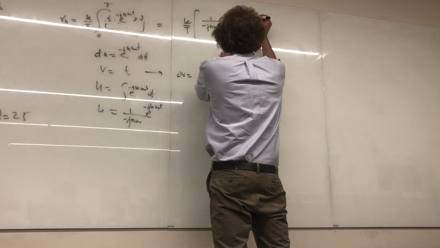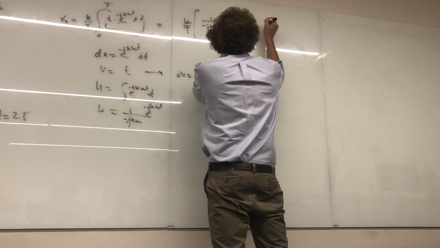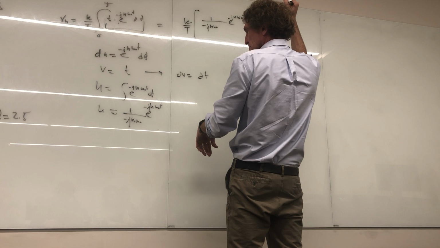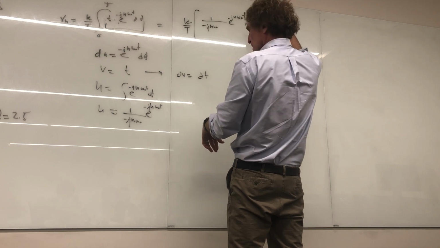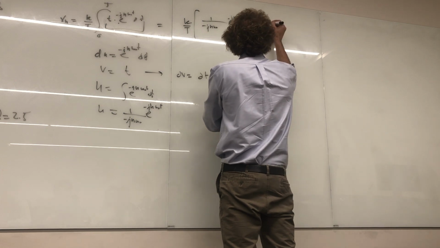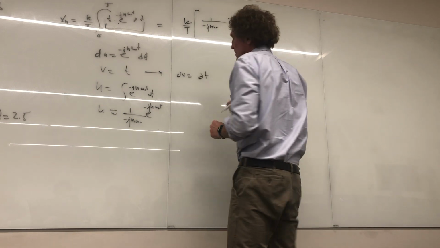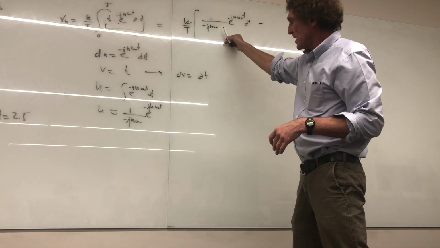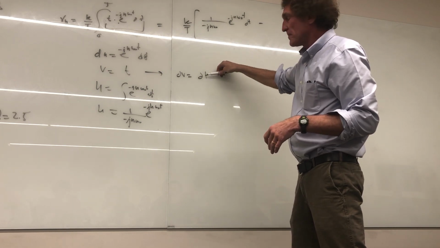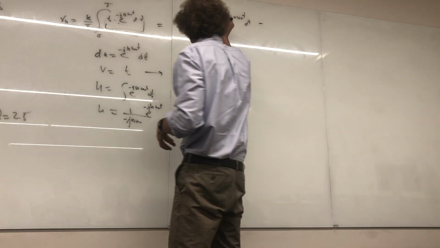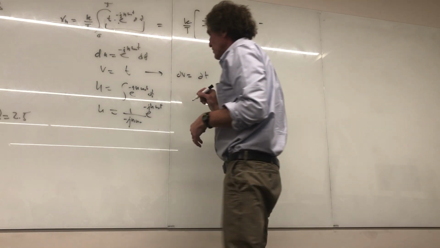And then I have that minus. What I'm trying to say here is, this right here is going to be v du, correct class? That has a minus sign to it, so I'll put that there.